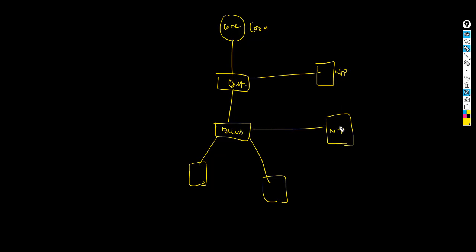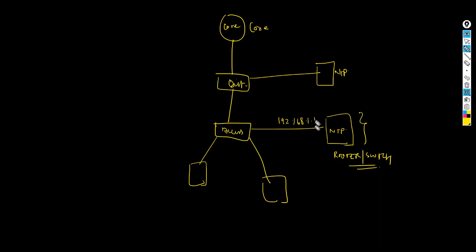Either you can place this NTP on a normal server which will have third-party software, or, as I told you, you can make your own router or a switch act as a server as well. What happens is they are now connected, because we are going to keep them in a single subnet.